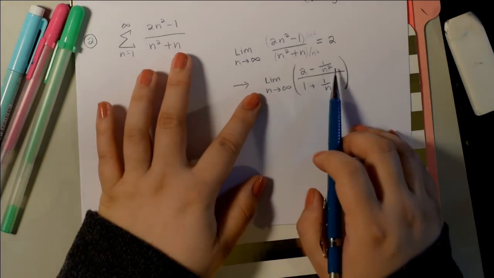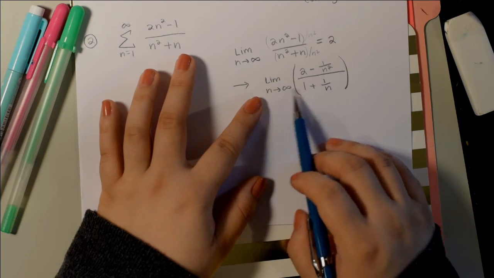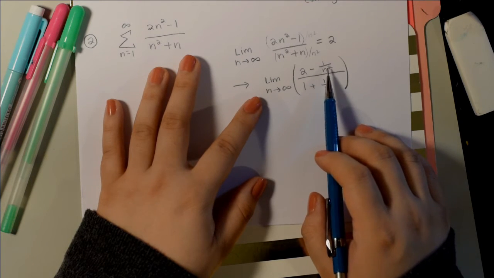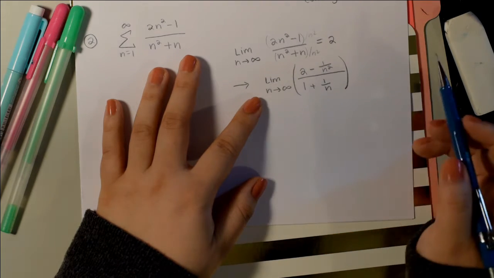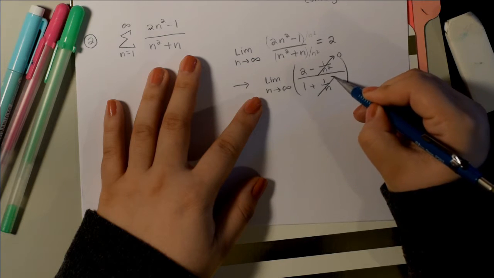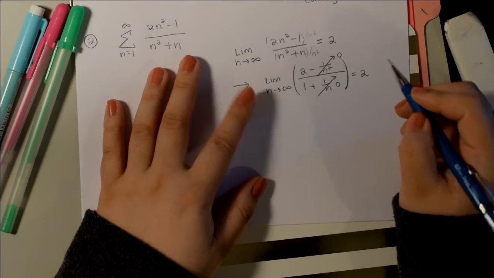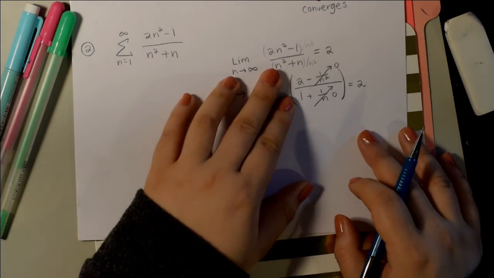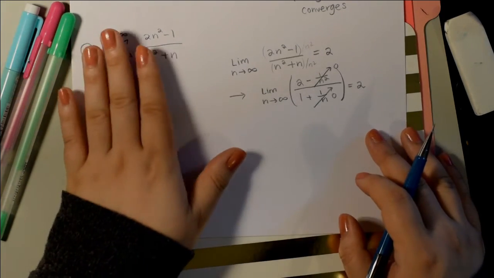But then we can distribute this limit part, so minus the limit as n approaches infinity, but the limit for 1 over n to the any power, so n to the k, that whole thing goes to 0, and this goes to 0. So 2 over 1 is 2. However you want to convince yourself that the limit of this thingy is 2, that's up to you.